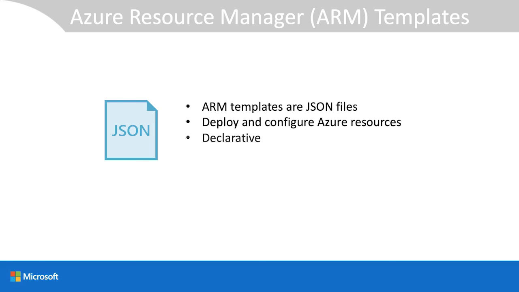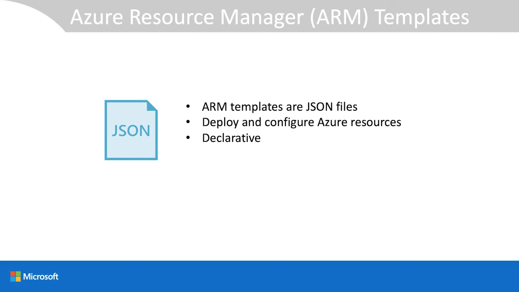ARM templates are declarative, and that means you simply use a template to declare what you want done, and ARM takes care of the rest. You don't have to tell ARM how to create or configure a resource. You just tell ARM what resource you want created and how you want it configured, and ARM does it for you.